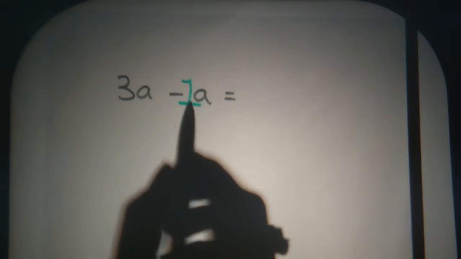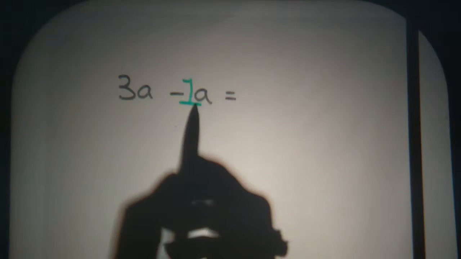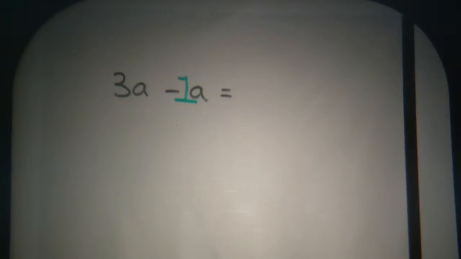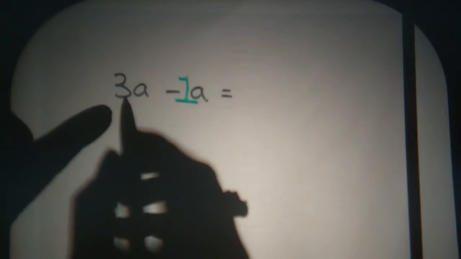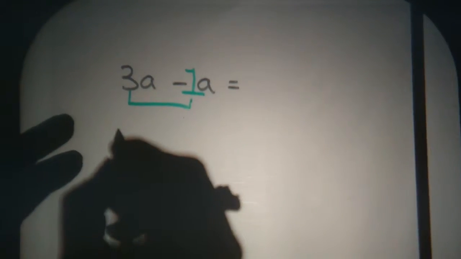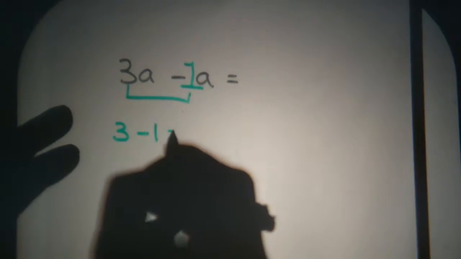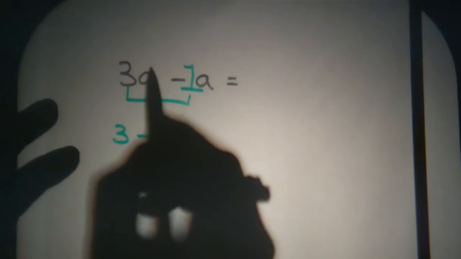So even though I just had this variable here, no coefficient, I know I have that invisible or imaginary 1 coefficient. So at this point, just think in terms of our coefficient. What's 3 minus 1? We know that's 2. 2 what?